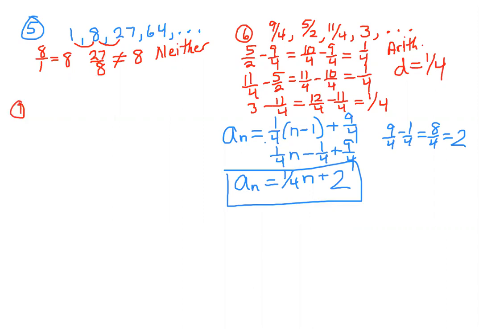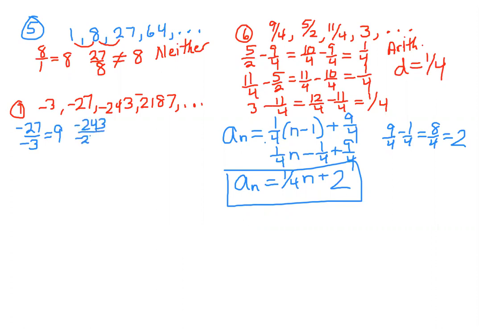Okay, number 7. We have -3, -27, -243, -2187. That's a negative. All right, this is going up very quickly, so most likely it's geometric if it's either one. So we're going to say -27 over -3 equals 9. -243 over -27 is 9.